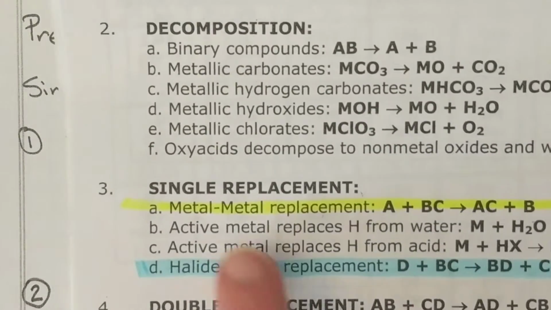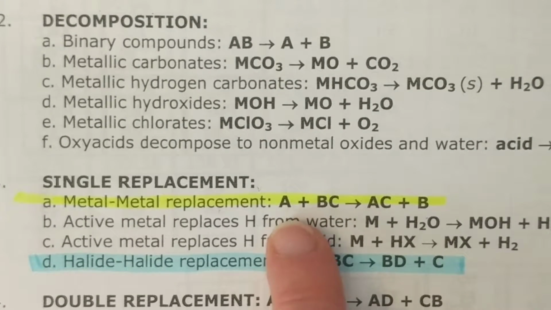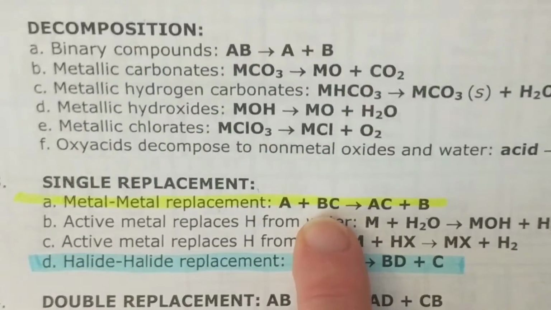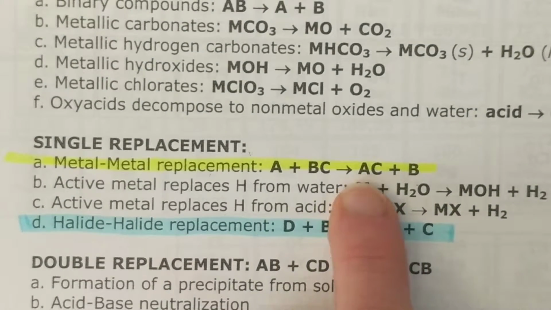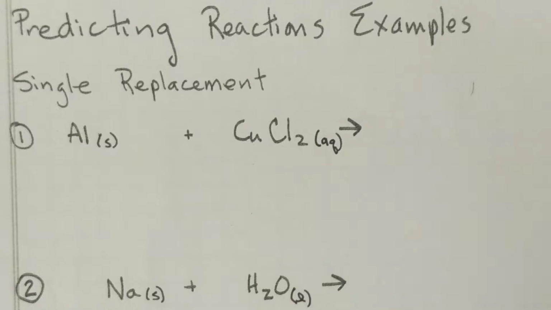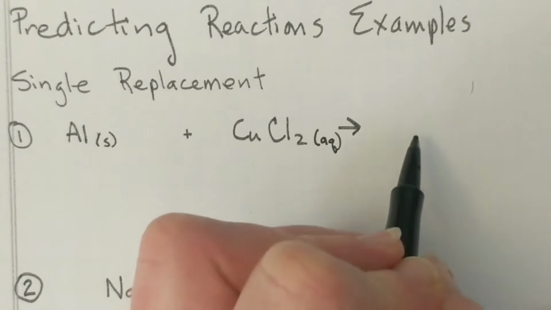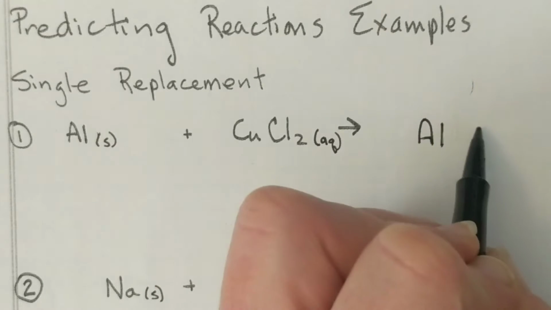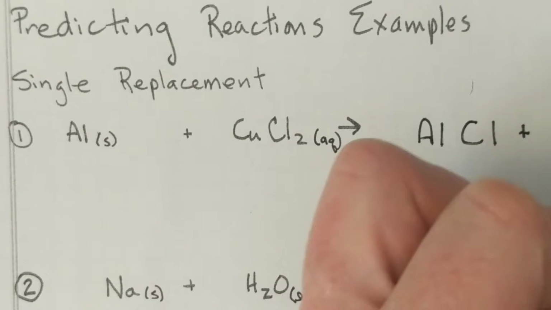This is going to be our metal-metal replacement. The aluminum is in the A spot, and it's going to replace the copper in the B spot. So let's predict we have AC plus B. The aluminum is going to go with the chlorine, and then the copper will be by itself.